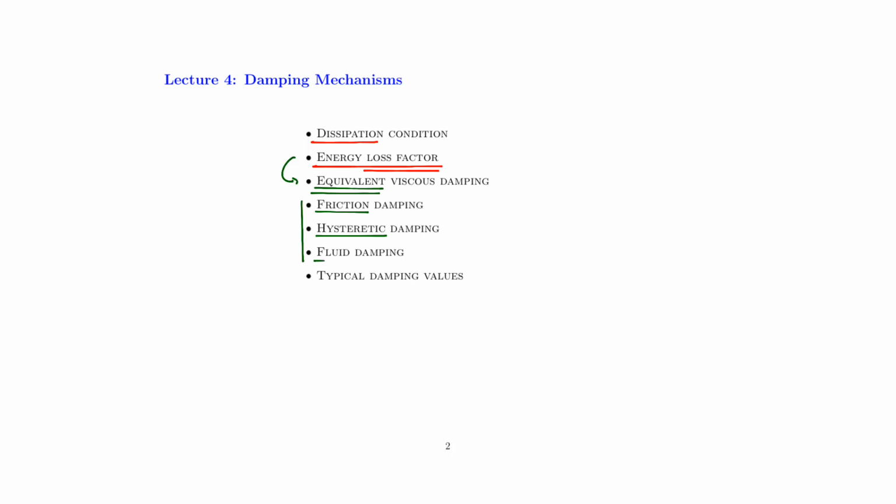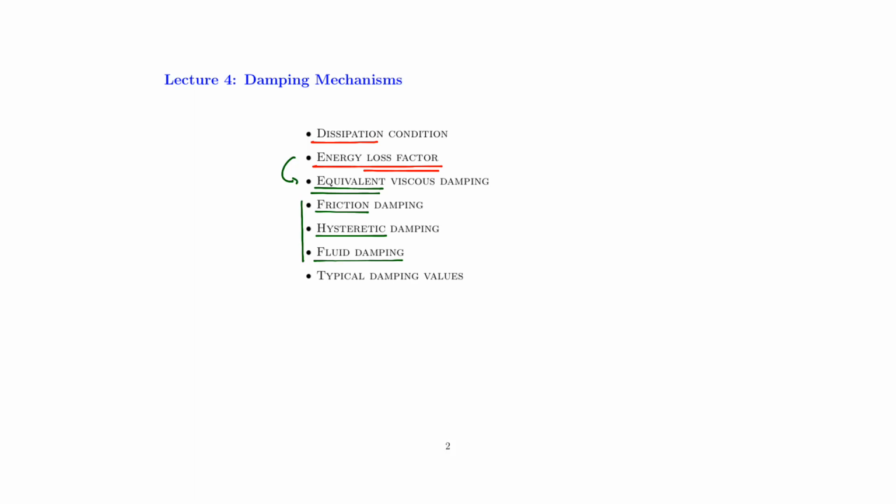And finally, let's have a look at a fluid damping model just to finalize the different possibilities you'll find in real life for damping, namely friction, hysteresis, and fluid type damping.